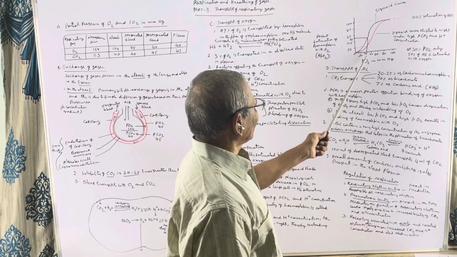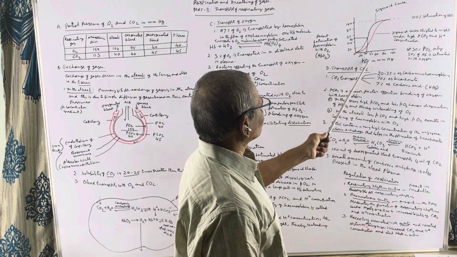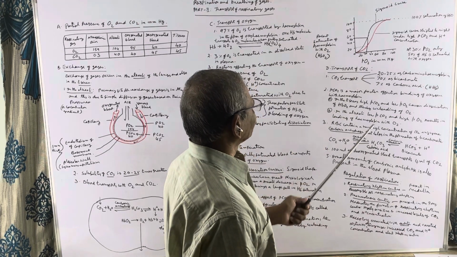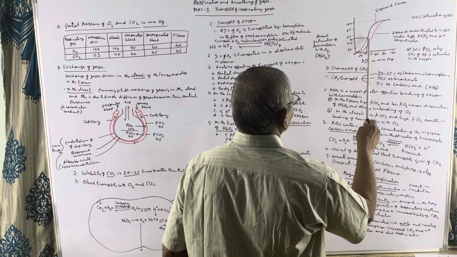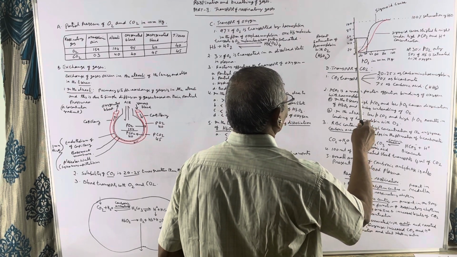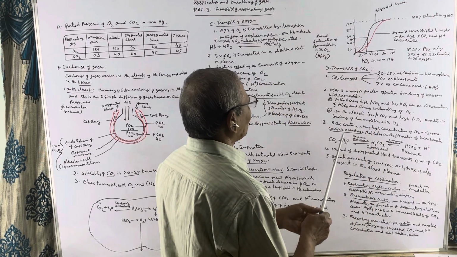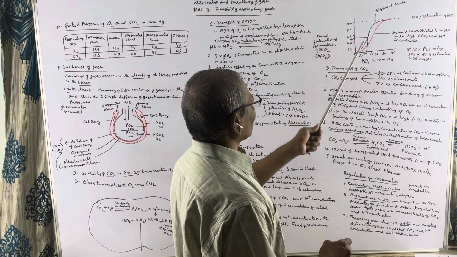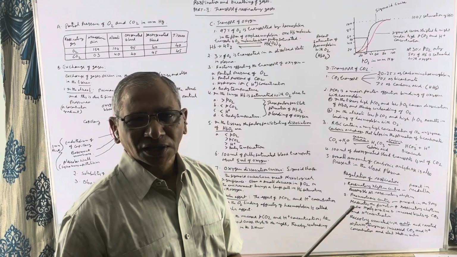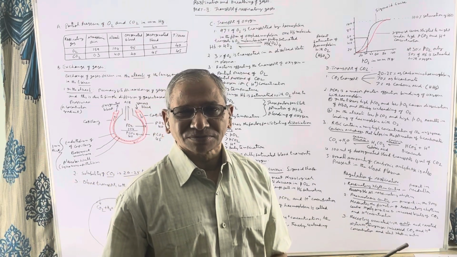So let us say in the tissues, the PO2 is only 30 mmHg. Then you see where it intersects the sigmoid curve. It is intersecting here. That means when the PO2 is 30, only 50% of hemoglobin is saturated with oxygen.